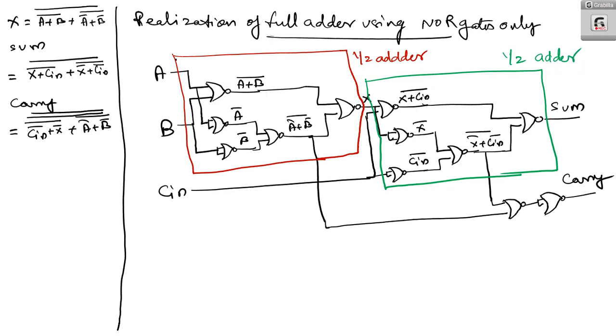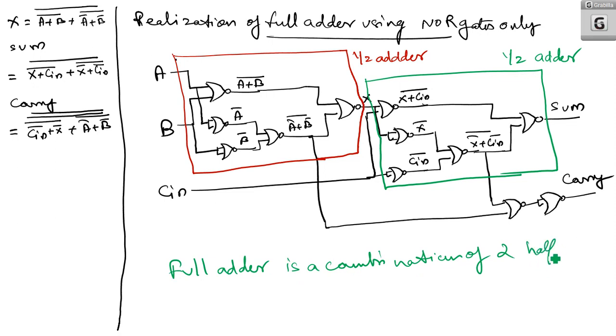Okay, so now we can realize that a full adder is a combination of two half adders. So that is a realization of this full adder using NOR gates only.